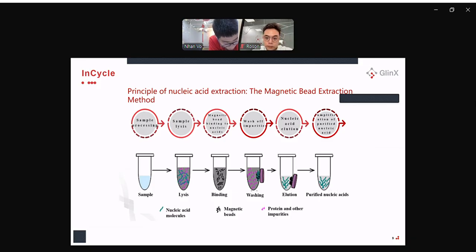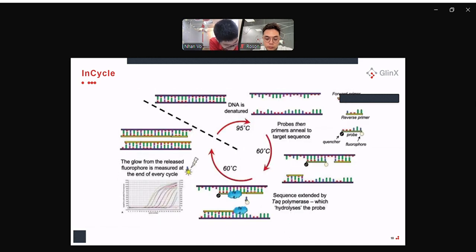We can have a look at how quantitative PCR works. Sometimes it is abbreviated as qPCR. It is actually the same thing as RT-qPCR. The machine is using the real-time fluorescent quantification polymerase chain reaction.